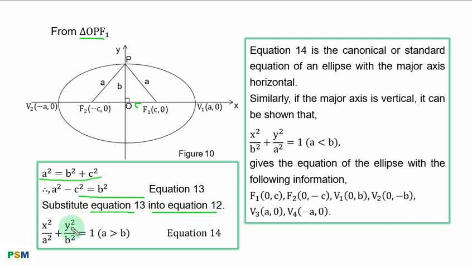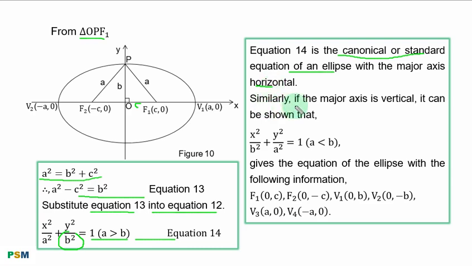In equation 12, this term is a squared minus c squared. You replace it with equation 13. You have b squared in that position. In this form, a is greater than b. Equation 14. Equation 14 is the canonical or standard equation of an ellipse with the major axis horizontal.